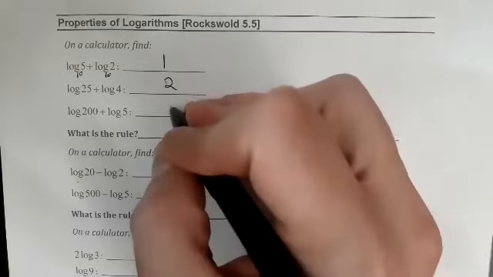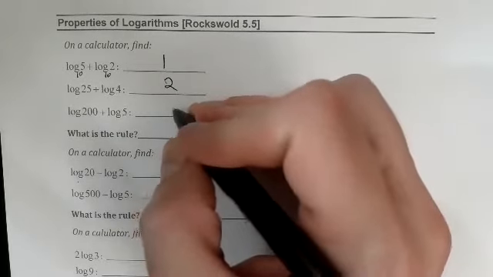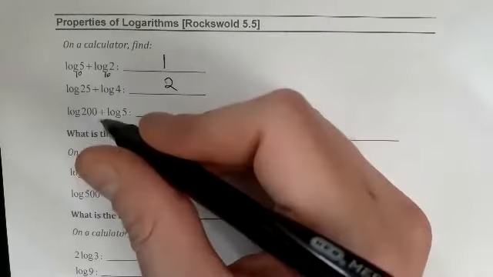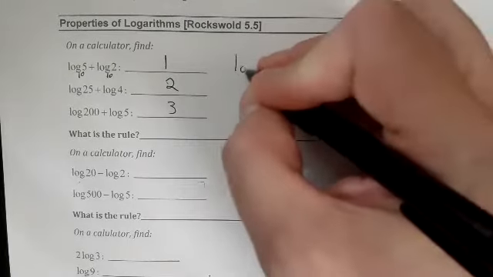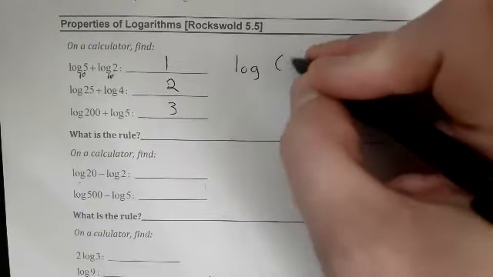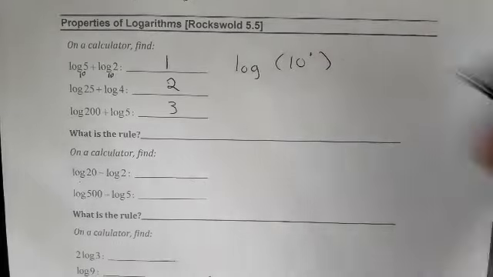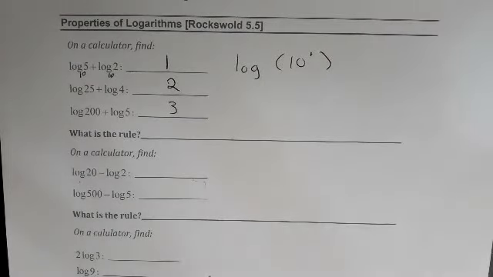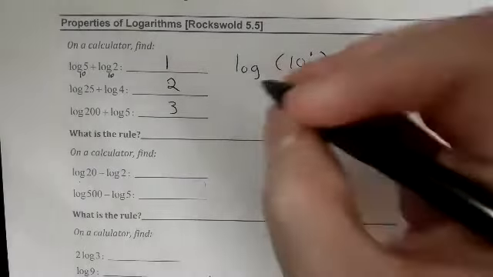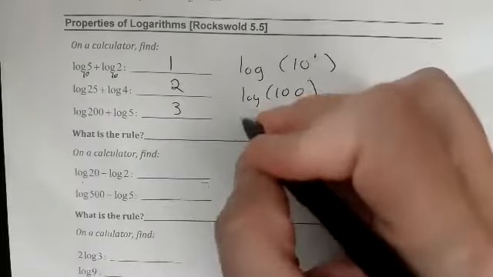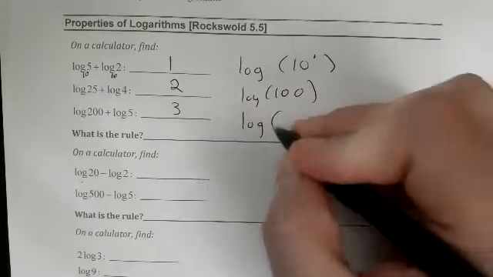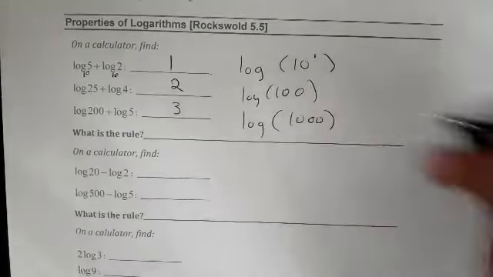And if we look at this one, I want to review last time, if we have a base 10, we're getting log of 10 to the first. If we look at this one, this would be log of 10 squared, or maybe we're getting log of 100. This would be log of 10 to the third, or you could say log of 1,000.